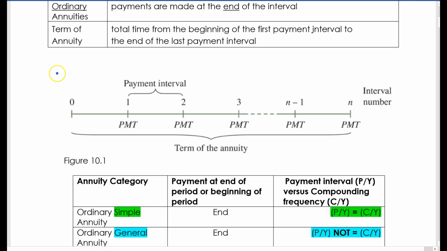So this is what an annuity looks like. You have your day 0, the day you take out your loan, or the day that you loan money out, and the payments come every whatever the interval is. So presume, for an example, this is monthly.